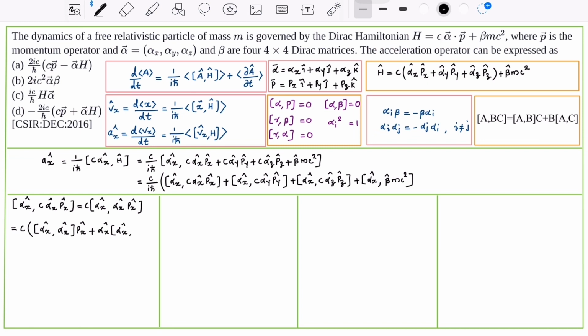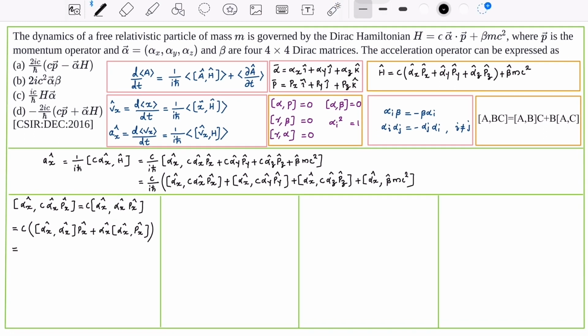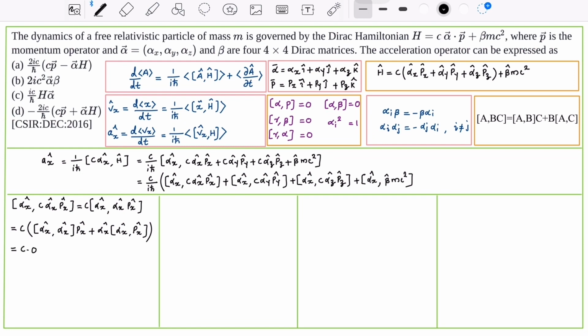The first term goes to 0, and we know that the commutator of alpha x and px is also 0. Hence, the first term in the acceleration operator is 0. We can write it as: the commutator of alpha x and c alpha x px is equal to 0.